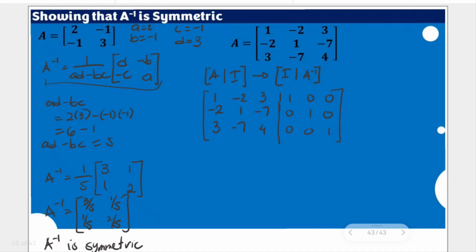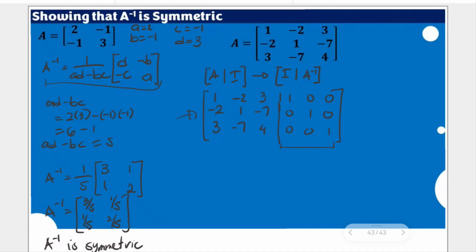We are going to apply elementary row operations to reduce it to reduced row echelon form, or return to an identity. What appears on the other side would be the inverse of A, and let's check later if that is actually symmetric or not.